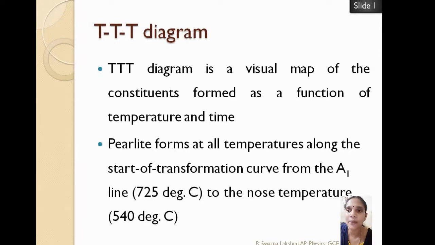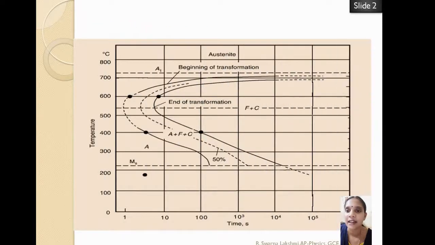The nose temperature for eutectoid steel is at 540 degrees centigrade, which is evident from this diagram. So from the A1 temperature up to the nose, whatever be the rate of cooling, pearlite is formed. This is the pearlite start curve and this is the pearlite finish curve.